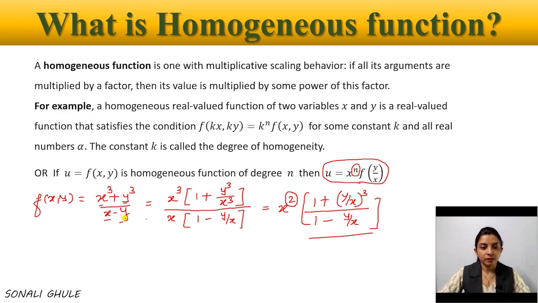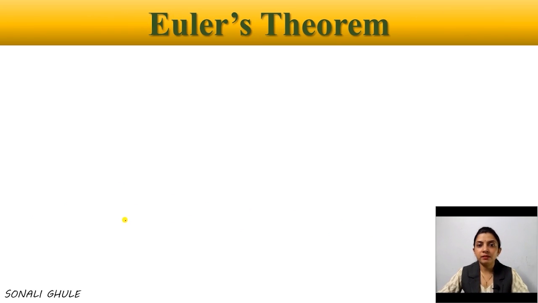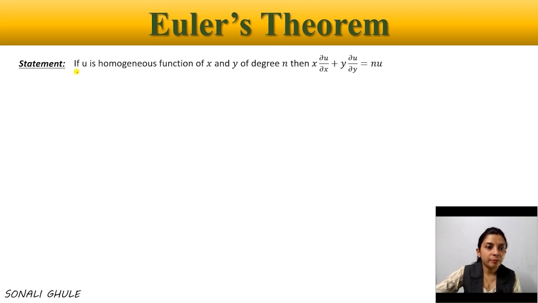Okay. So let's have here Euler's theorem. Let's see what is the statement for this Euler's theorem. So this is the statement: if u is a homogeneous function of x and y of degree n, then x into dou u by dou x plus y into dou u by dou y is equal to n into u.